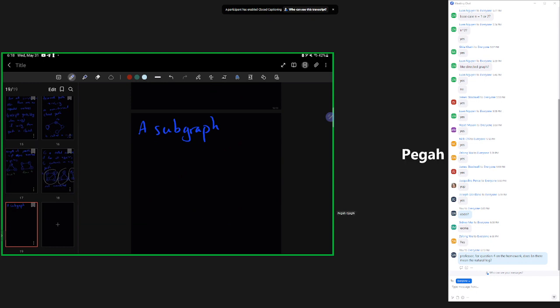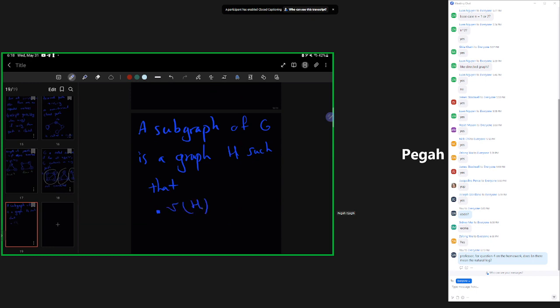So let's start getting back to what we are talking about. We are talking about a subgraph of G. We say a subgraph of G is a graph H such that two things hold.